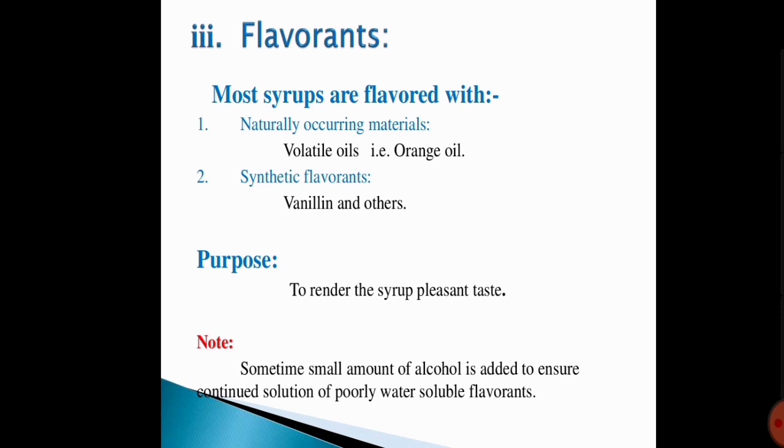The purpose is to mask the unpleasant odor produced by the drug. Sometimes a small amount of alcohol is added to make the flavorants more affinitive towards the preparation we have made, towards the drug in our syrup.